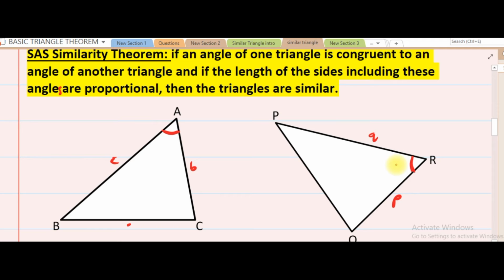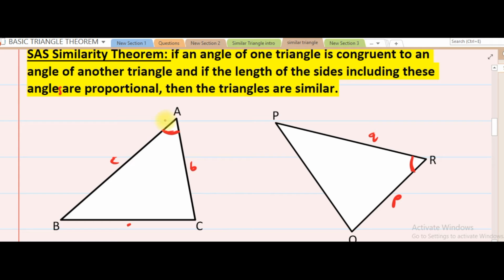We are saying that if they have the same angle, and the ratio of the sides including this angle are proportional, then they are similar.